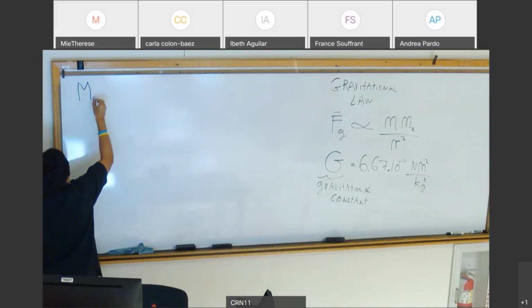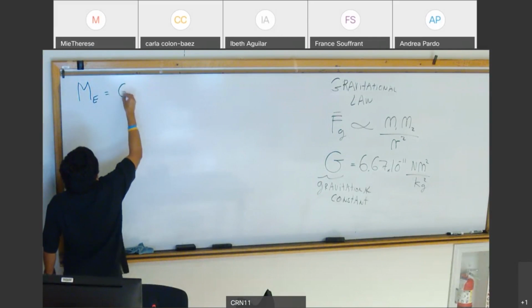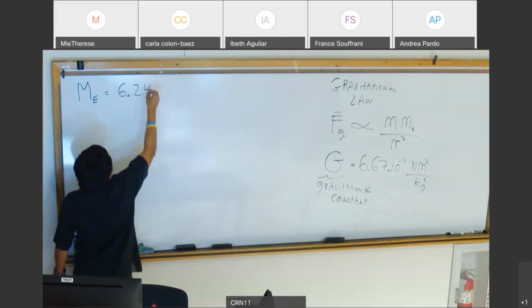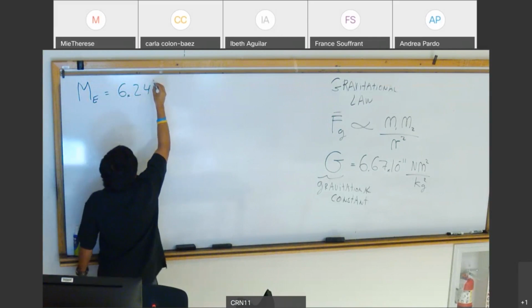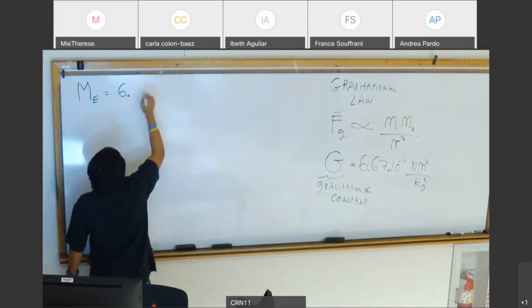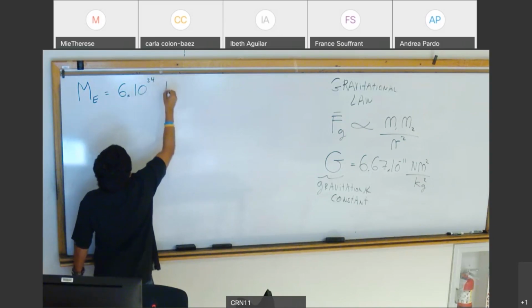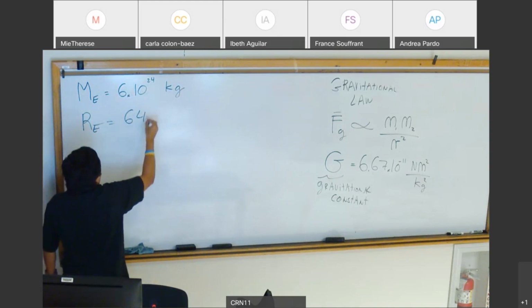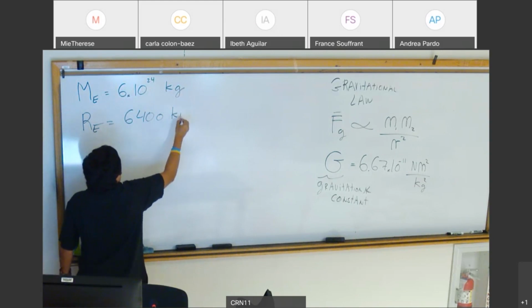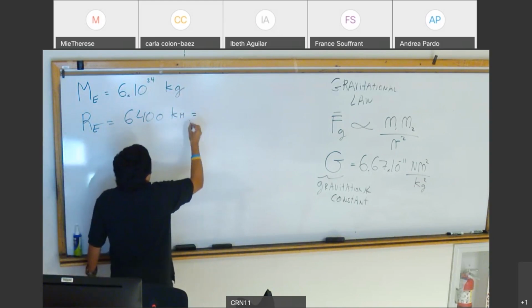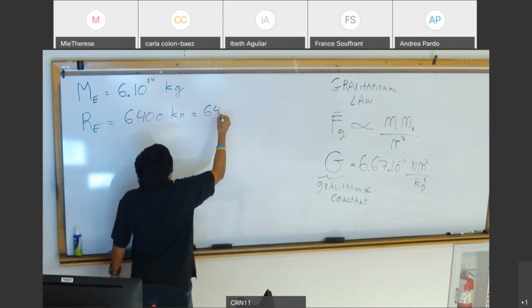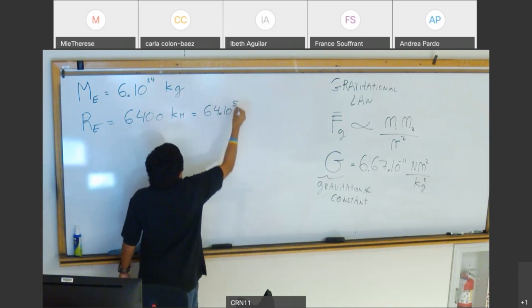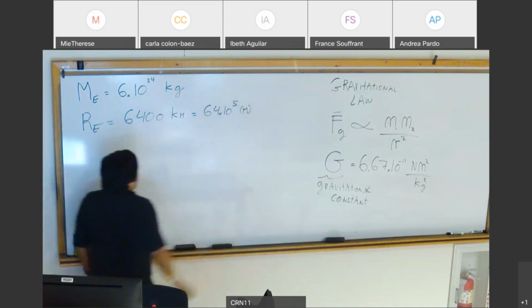The mass of the Earth is 6 times 10 to the 24. It's actually 5.978 times 10 to the 24, but it's good anyway. And knowing the radius of the Earth, but remember, this is in kilometers, so I have to multiply by 1,000.